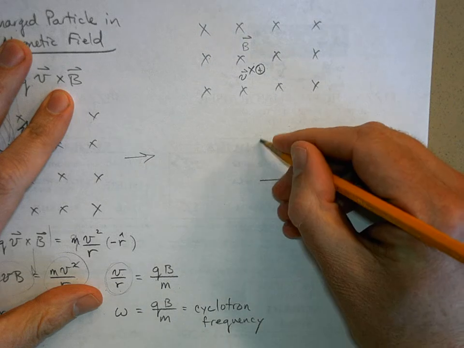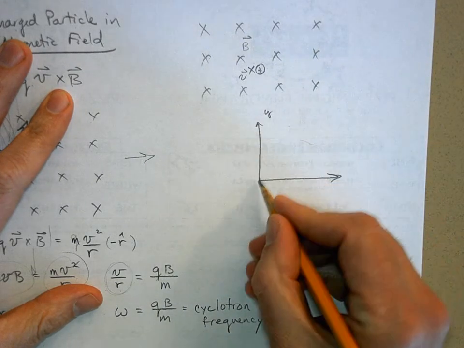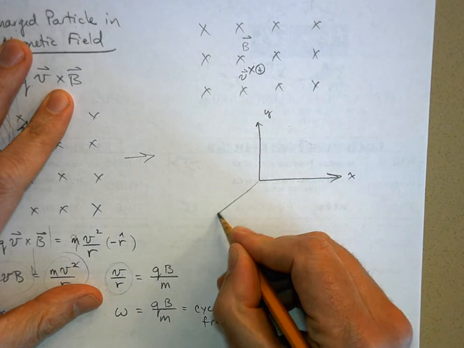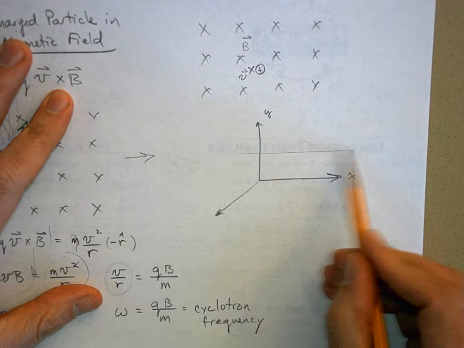So here's my X, Y, and Z coming out. What if I've got a B field that's just pointing along the X direction?